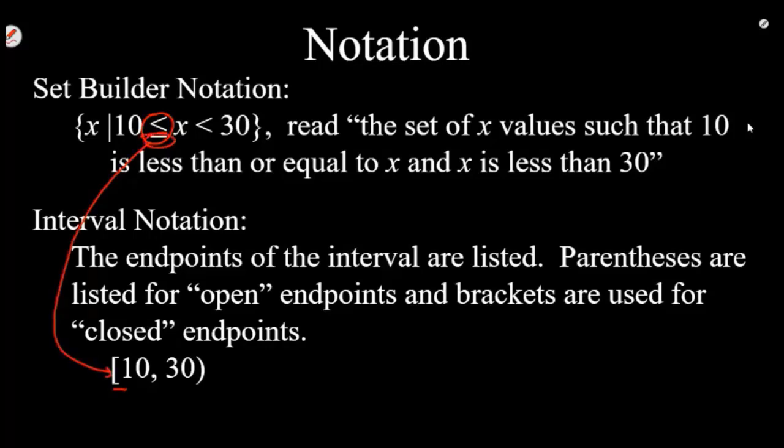Because of the, I should circle maybe just the bottom, the or equal to part. And then for the other one, notice the 30. Is the 30 included in the interval? If it says just less than 30, no, it's everything up to 30, but not including it. So that's why this one gets parentheses.